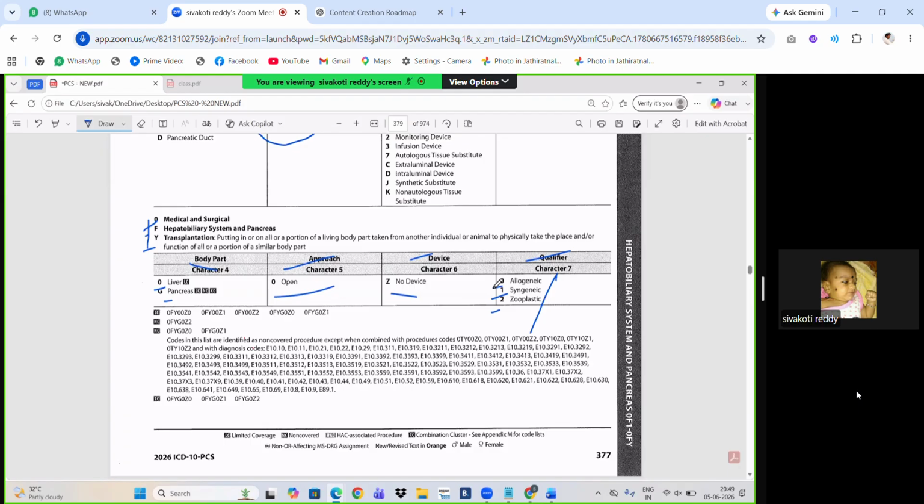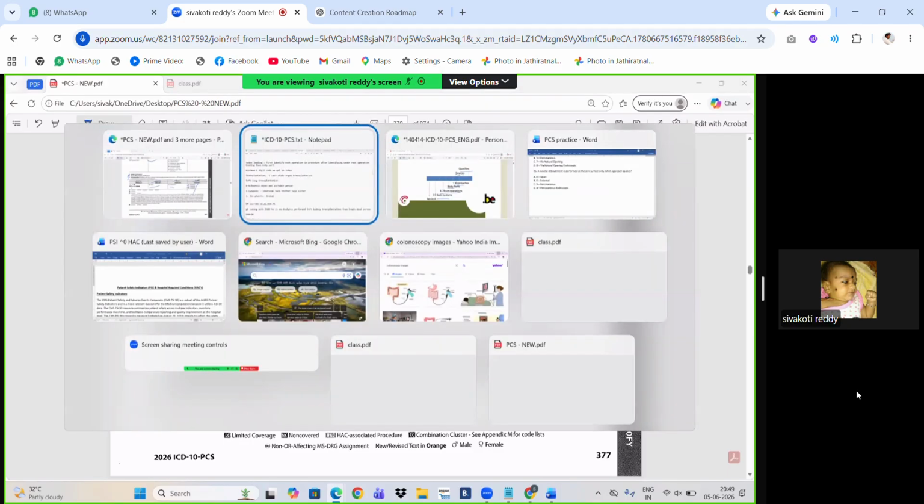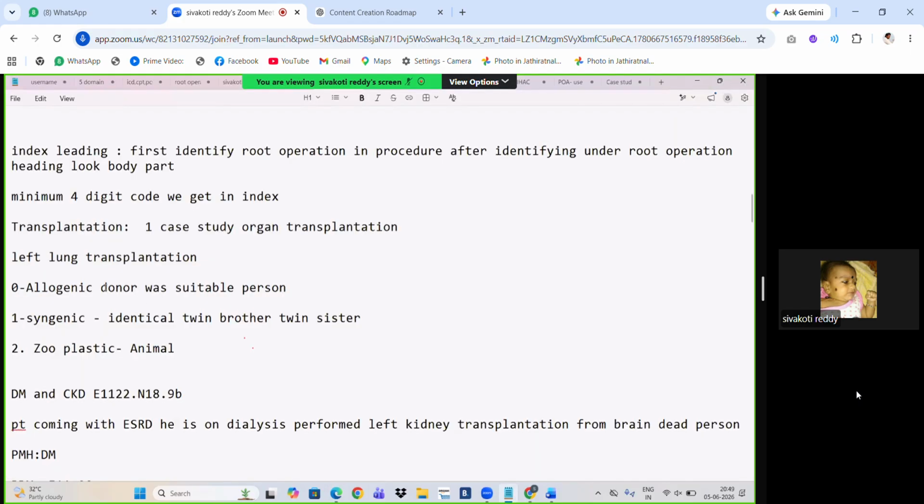So note down when we need to take allogenic, when syngenic, and when zooplastic. Allogenic means any matched donor person donated; a suitable donor donated, allogenic. If it is taken from an identical twin brother or twin sister, transplanted from the identical twin, syngenic. From an animal, zooplastic.